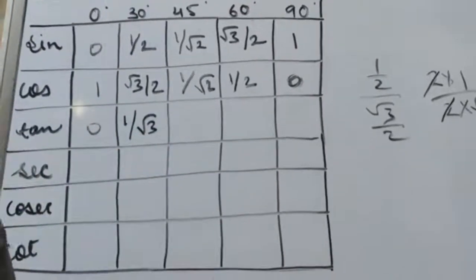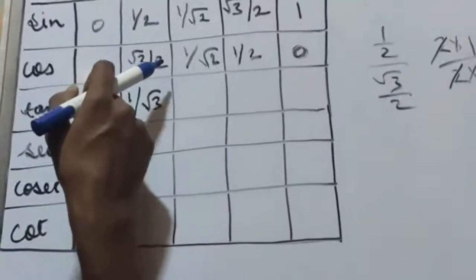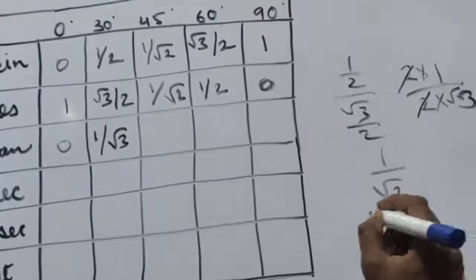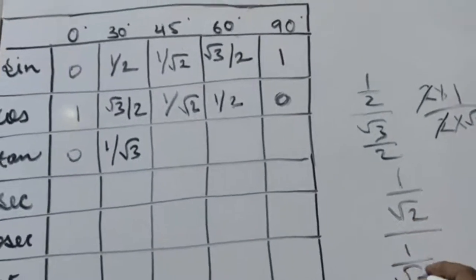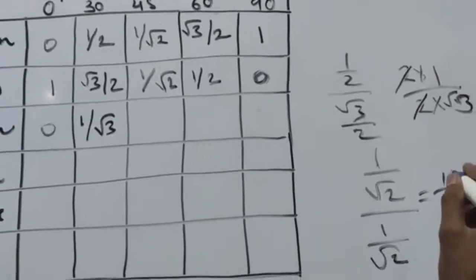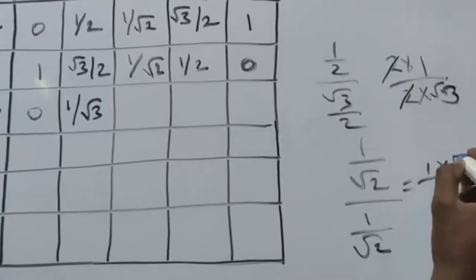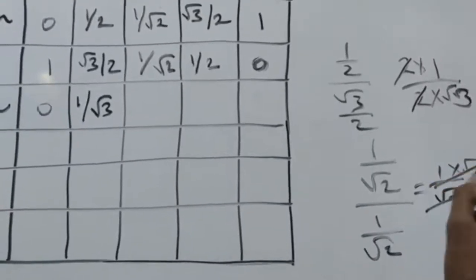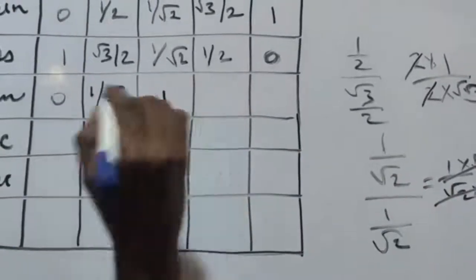For tan 45 it will be 1 by root 2 divided by 1 by root 2. So it will be 1 into root 2 divided by root 2 into 1. So it is 1 and the same, so the value will be 1. Okay.